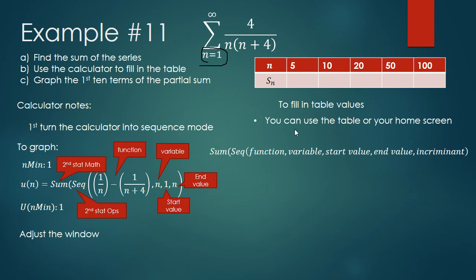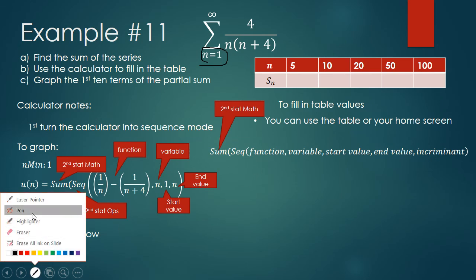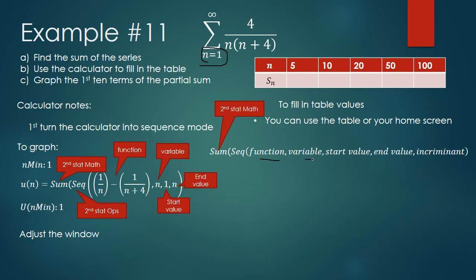So on the home screen, I'm going to type into the home screen the sum of the sequence. I'm going to plug in the function, so the function first, and then the variable. And then I'm going to enter my start value, my end value, and the increment that I'm going to use. Okay, so to get the sum, I press second stat and then go over to math.